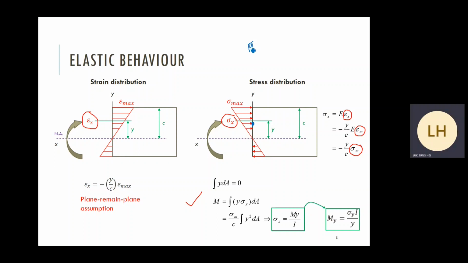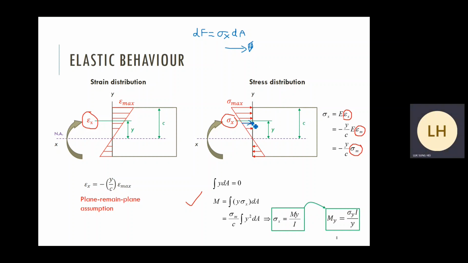This small element is under a force. What is the force acting on this small element? According to our theory, force is equal to stress times area. Maybe I call this dF. The force acting on this small element, theoretically, is equal to the stress times the corresponding small area, dA.